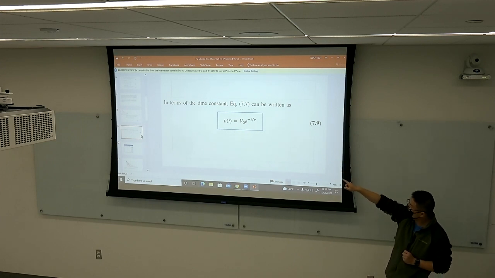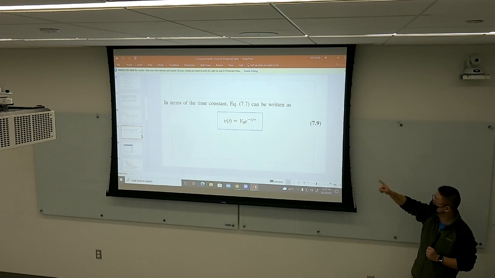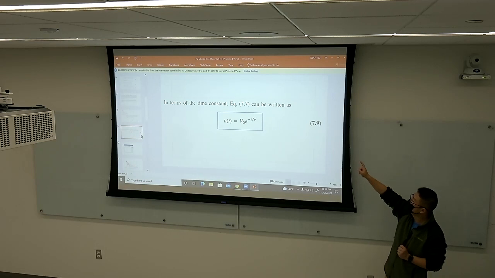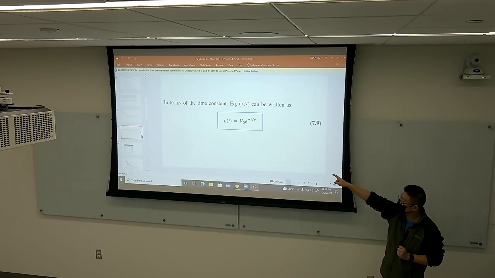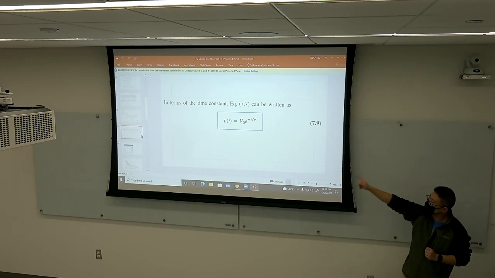For this circuit, we need to calculate V0 and tau. Once we have the values for V0 and tau, we plug in the numbers and obtain the capacitor voltage expression.